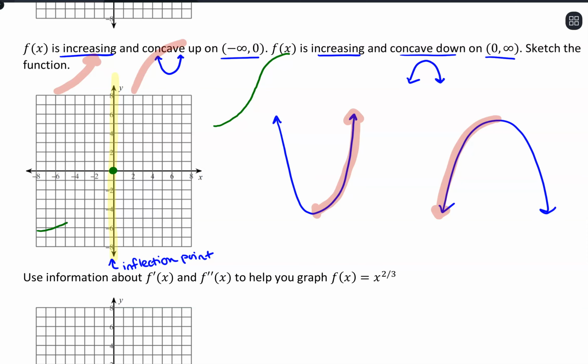And let's go ahead and grab this curvature, and then it's going to kind of switch to curving down. Something like that. Basically looks like an S, just a less curvy S, but making sure that that's concave up, concave down, and increasing all over.